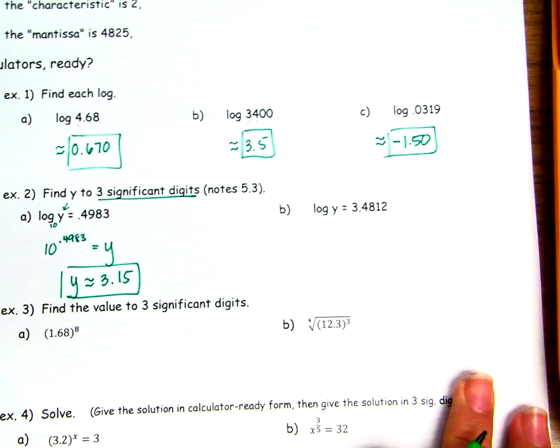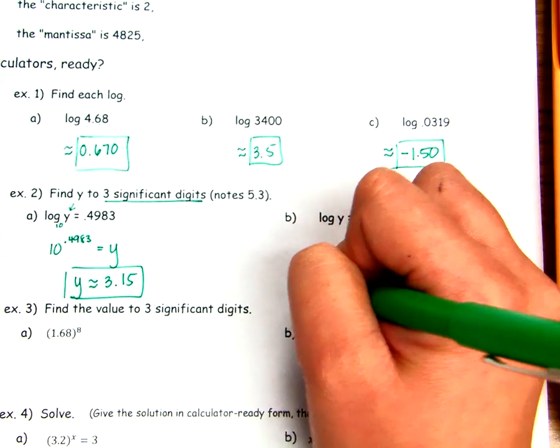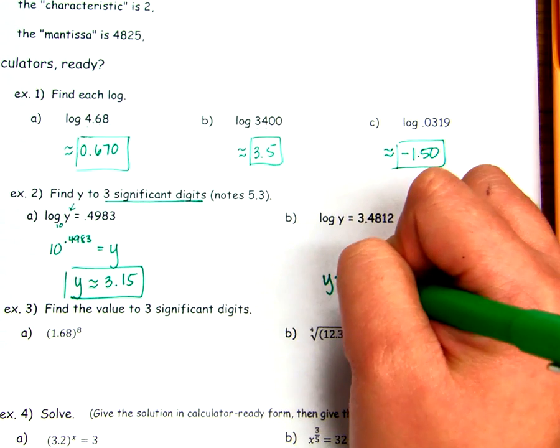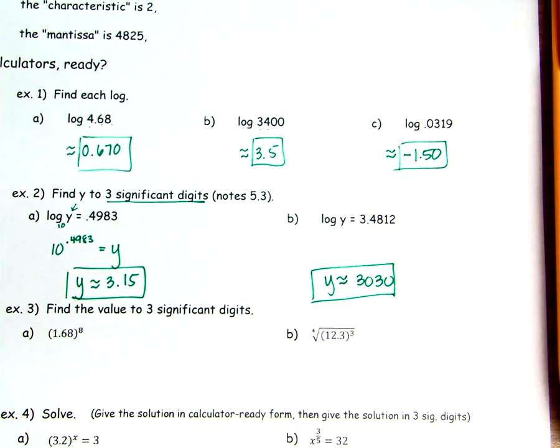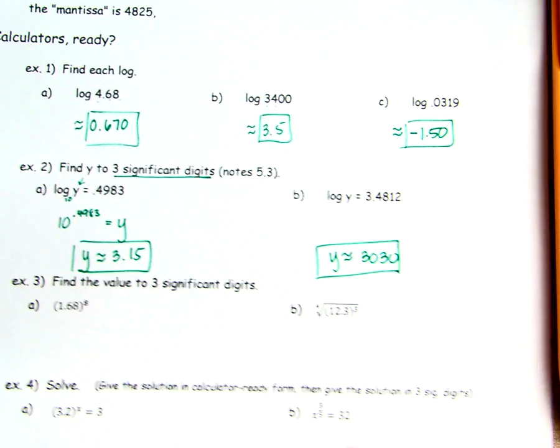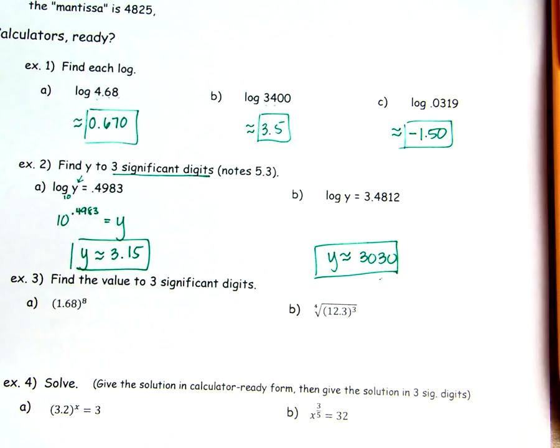You could do the same for the other one. Just make sure that you double check it and that you get y is approximately 3,030. Remember that this 0 is not significant, so it still has 3 significant digits.